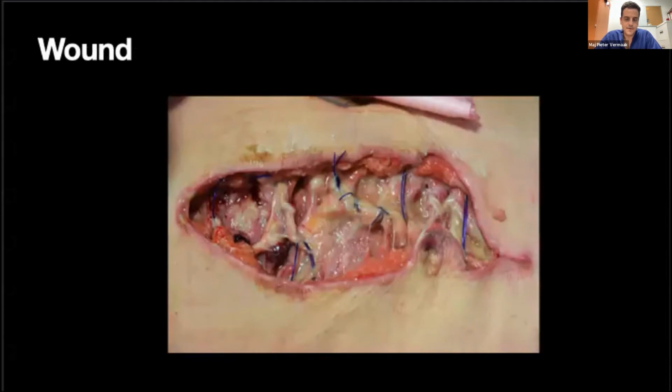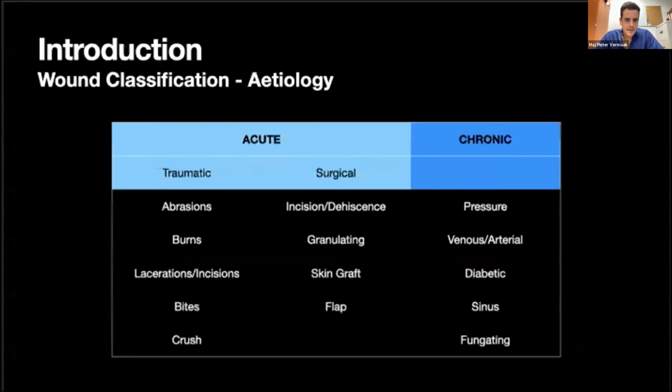There are a number of ways in which we can classify them, and that makes it useful for you to compartmentalize it and understand how to separate them, put them into different boxes. This is a way of doing it. If you look broadly at wounds as either an acute wound, so something that's happened immediately, or something that is chronic, so ongoing. And then in the acute, it's either going to be from an accident, so unintentional, or it's going to be intentional, surgical.